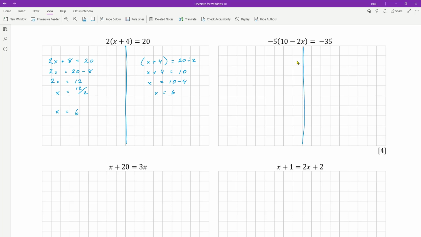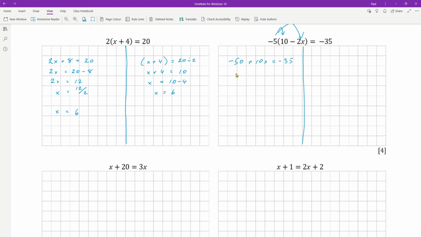Similar process, there are two different ways. I'll expand the bracket first, so 5 times 10 and then 5 times 2x. So 5 times 10 is equal to 50, and I've got a negative and a positive, so that will make it minus 50. 2 times 5 is equal to 10, negative and negative make a positive, so that's 10x is equal to minus 35.